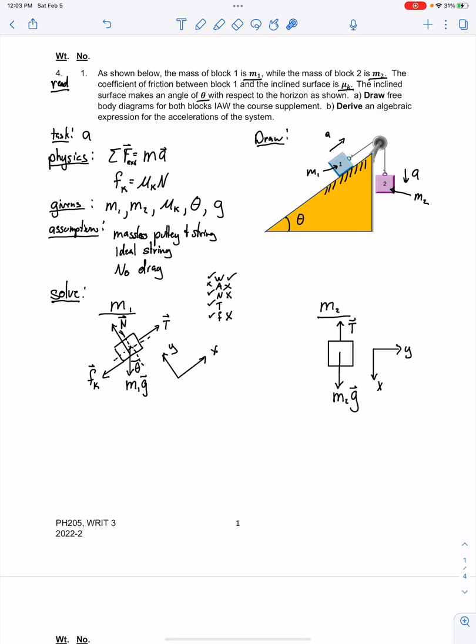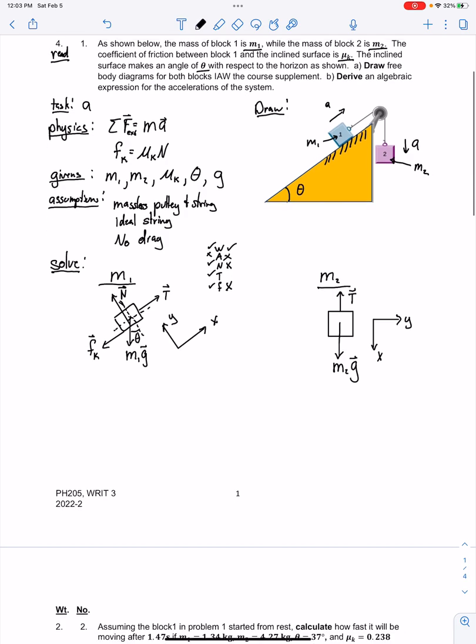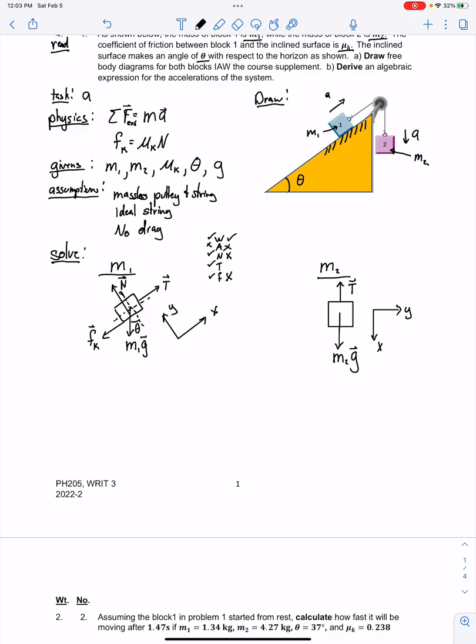So X is still pointing in the direction that our system is moving, because object 2 is accelerating down. So we've got our x-axis down and our y-axis off to the side. All right, good. There are no angles, right? All of our forces acting on mass 2, just the tension and the weight force, are both completely in the X. So there are no forces off to the side that we need to break up into components, and no angles to indicate.